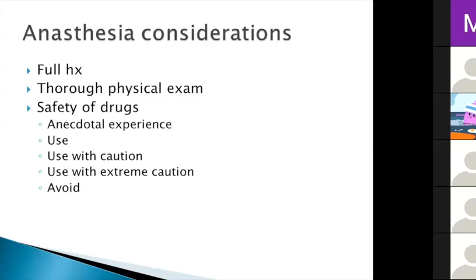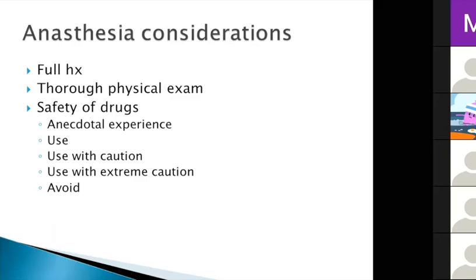If the drug is labeled as use, it means that drug has been used safely and you can use it. If the drug is labeled as use with caution, it means that as much as its safety cannot be proven beyond reasonable doubt, the evidence shows that it's unlikely to be unsafe in clinical practice.